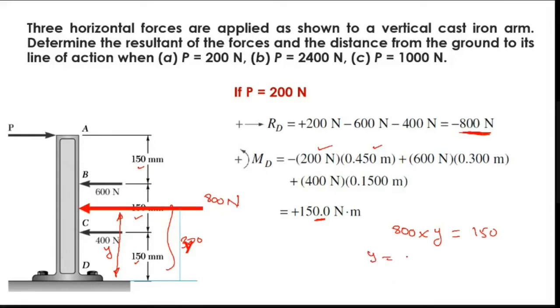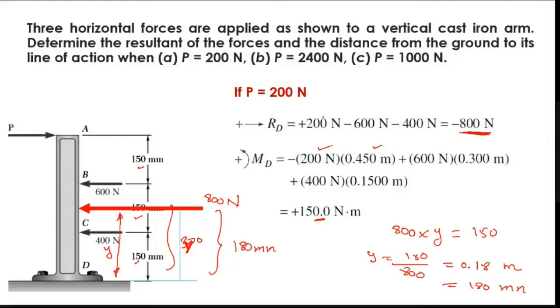So what is your y? 150 divided by 800. What is the value? 0.18 meter. If I write it in mm, it is 180 mm. That is my resultant value.